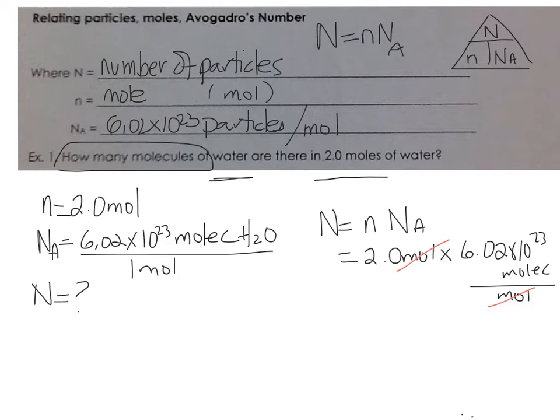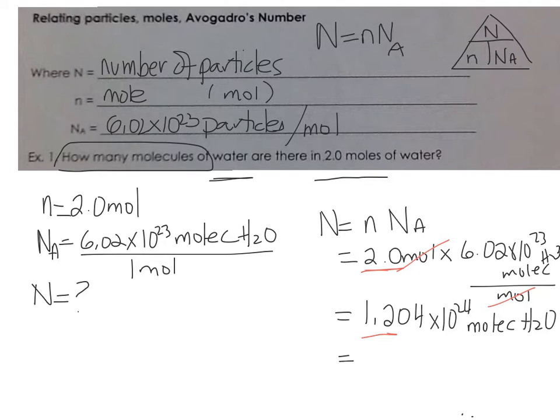So our answer would be 1.204 times 10 to the 24 molecules of H2O. Now, how many significant digits can we have in our final answer? So 1.2 times 10 to the 24 molecules of H2O.